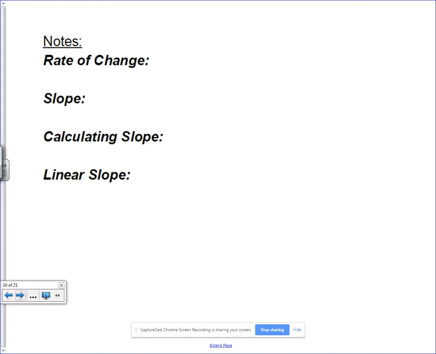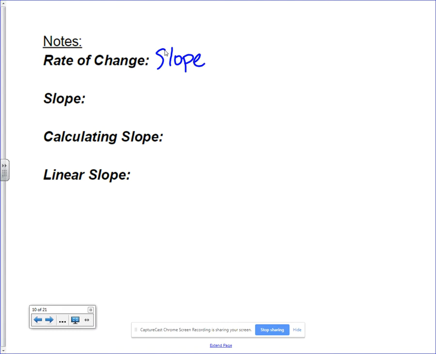Yeah, slope and rate of change are the same. That's what we learned yesterday. Okay, so rate of change is, what is slope also called? Still got something else though.